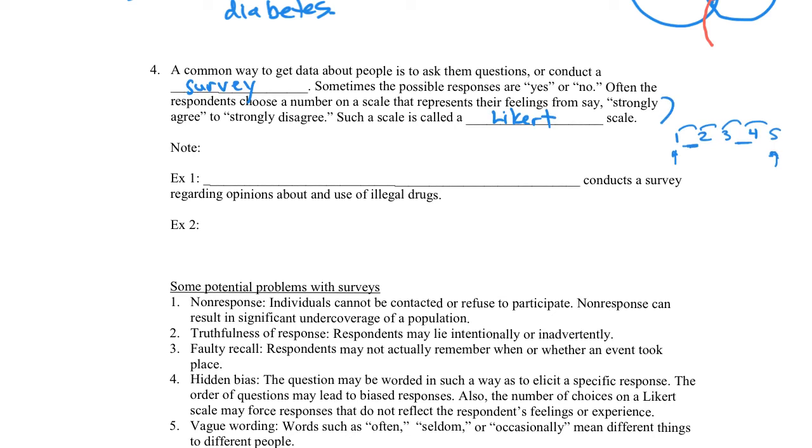A little note about surveys, though. There are a lot of potential problems with surveys. In this first example, let's say it's Saturday morning. You are just waking up after a long night of doing statistics homework, of course, and there's a pounding at the door.